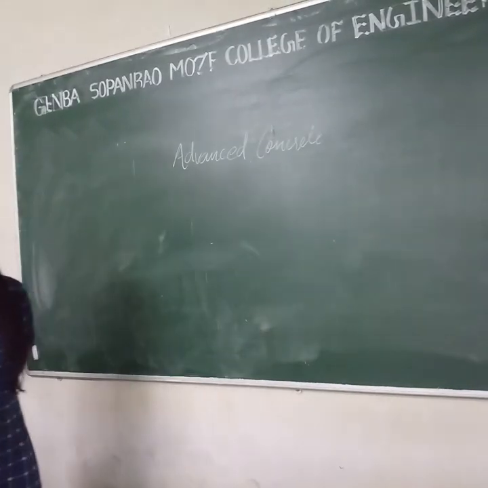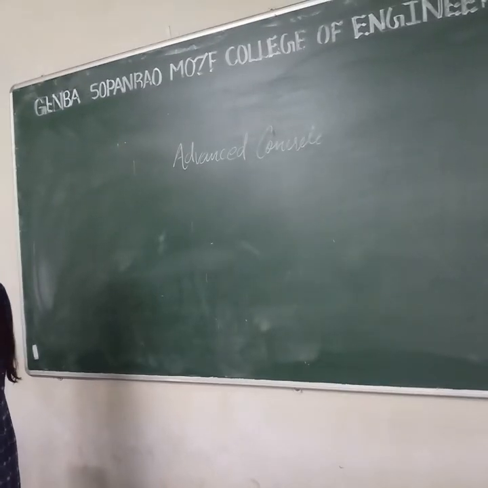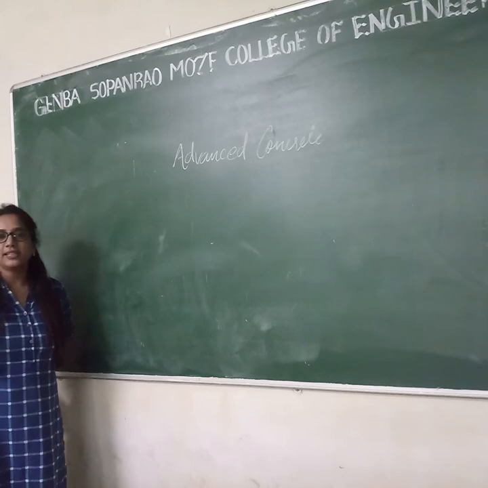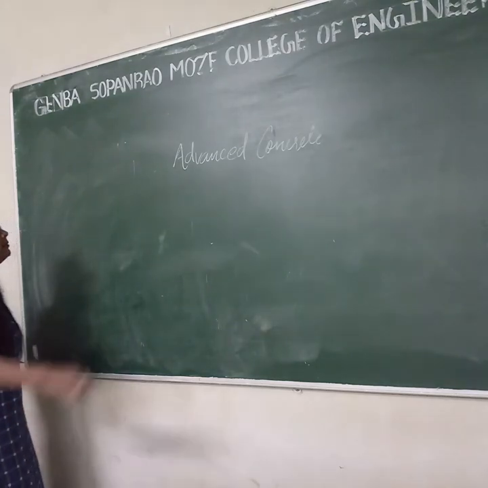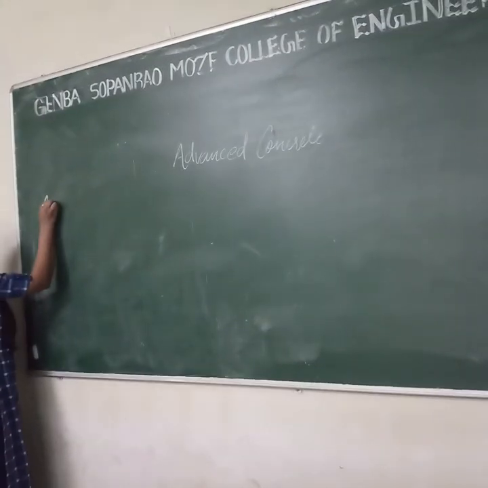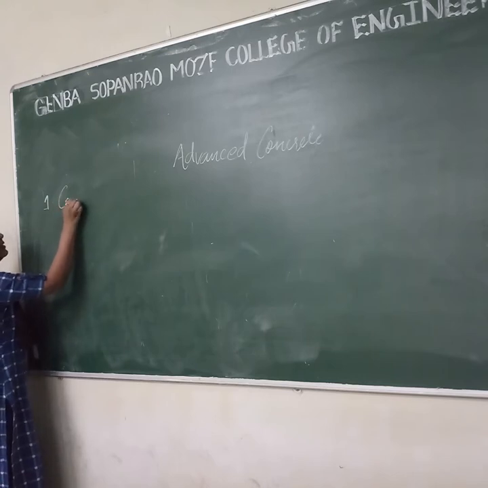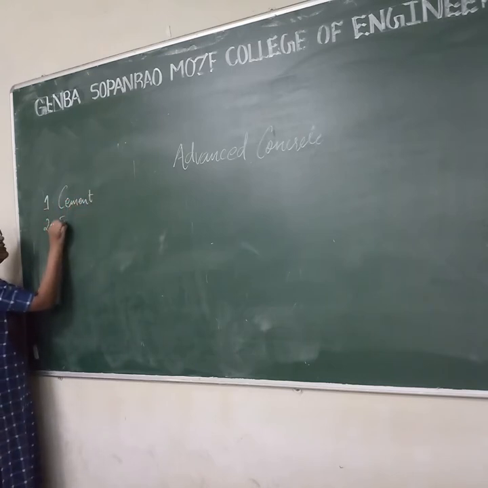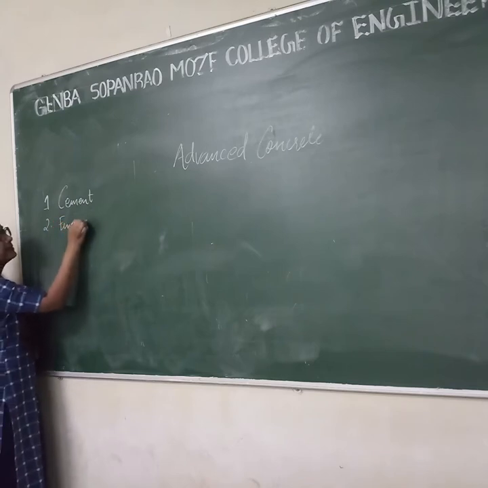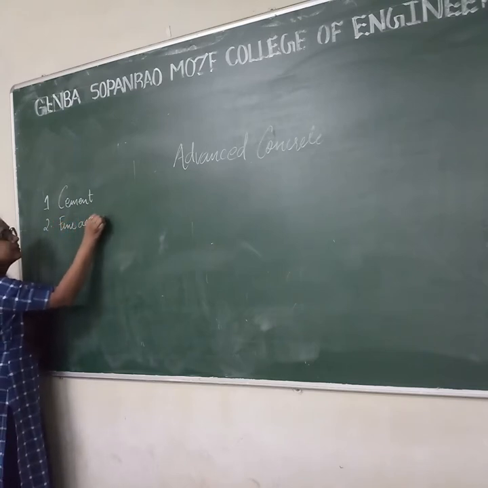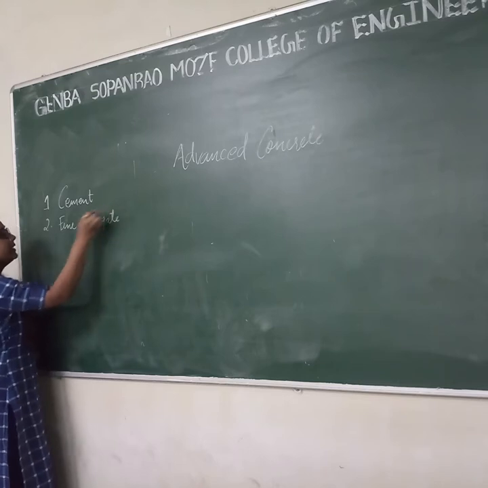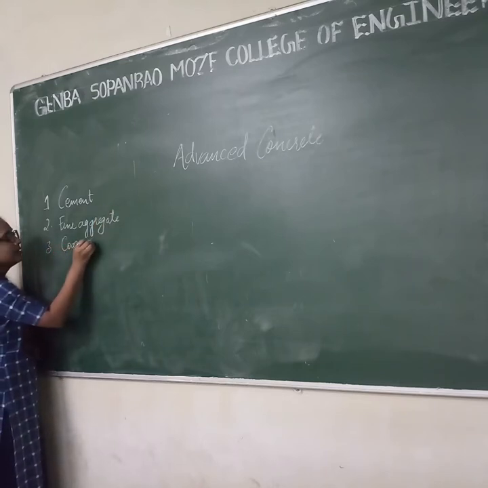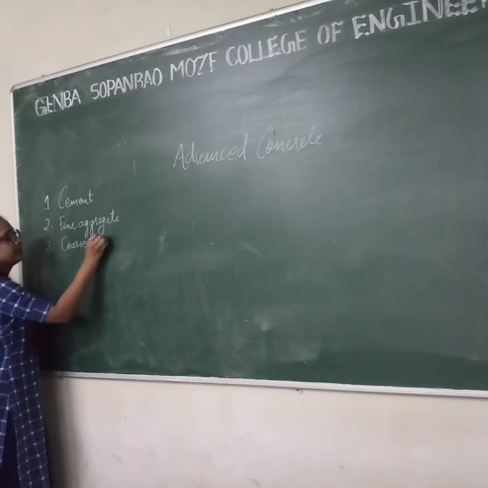Advanced Concrete Technology. So in the previous lecture we studied the basic ingredients of concrete. Basic ingredients of concrete means concrete comprises cement, fine aggregate, and coarse aggregate.